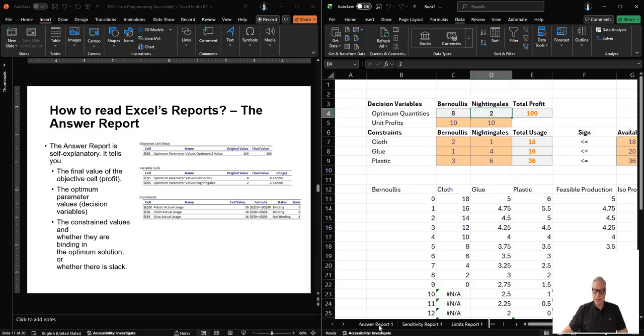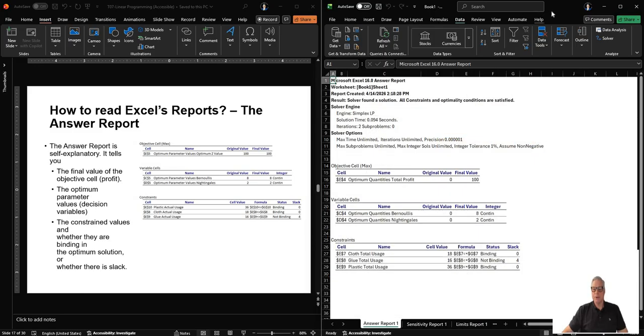So now let's take a look at the answer report. And so you see here it says original value 100, but our original value was actually 0, and the final value was 100. Then the original values were 0 and 0, and the final values are 8 and 2. And then we have information on the constraints, and that is the same as on the slide.